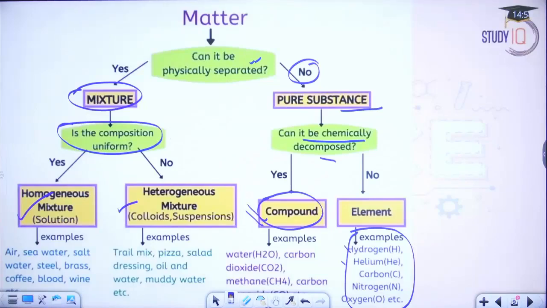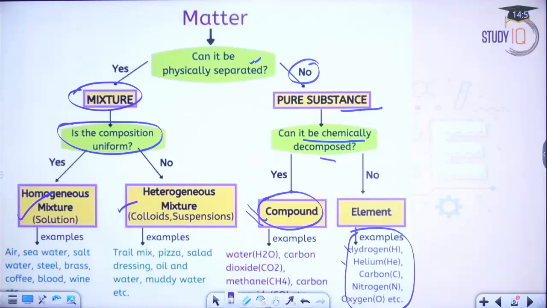Another example is blood. If you take the blood of hands, belly, or feet, everywhere the blood will give you a similar structural report. Then heterogeneous mixture, what is that?